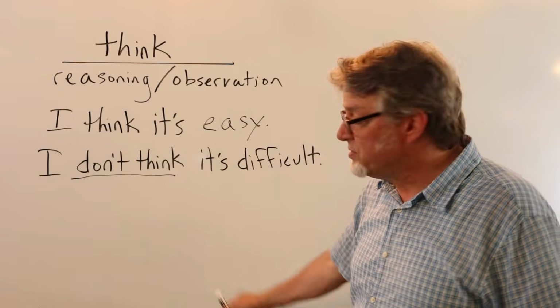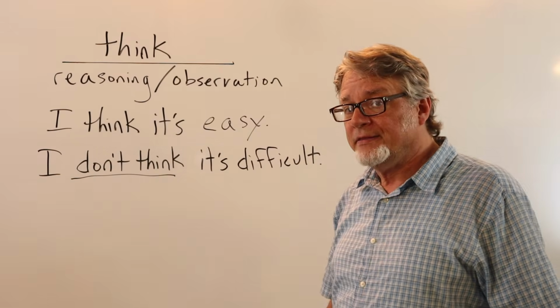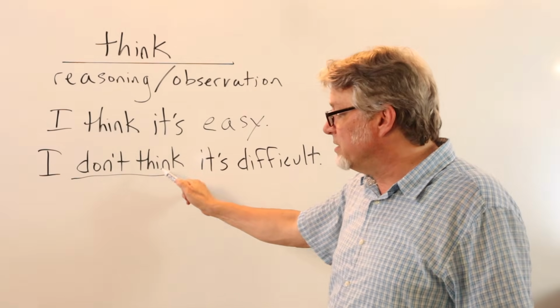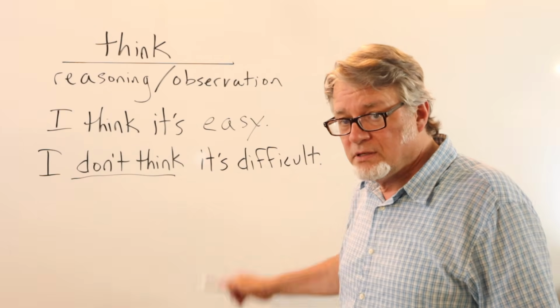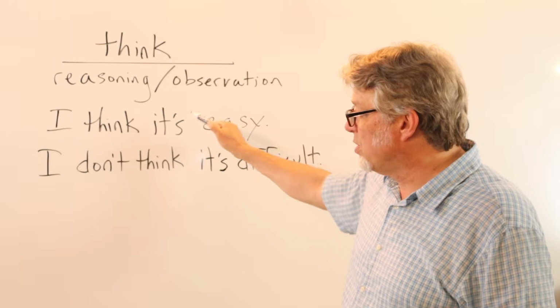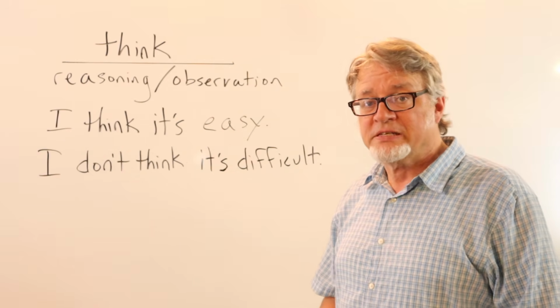But in some cases, this might be the choice. Instead of saying, I think it's easy, you'll often hear someone say, I don't think it's difficult. Between the two choices, I think this one is better. I don't think it's difficult.